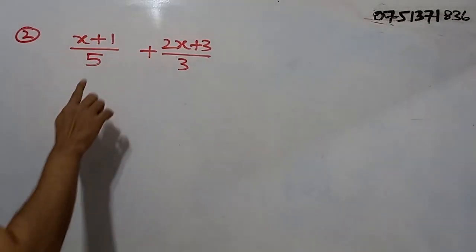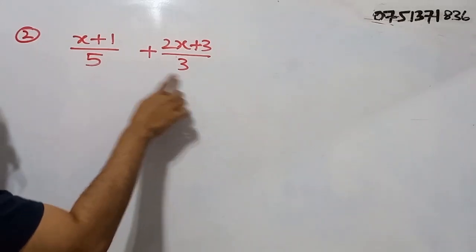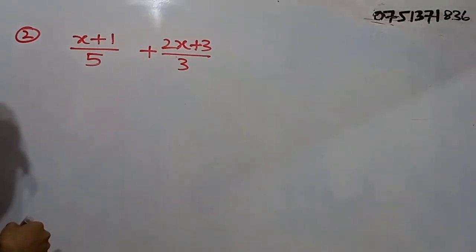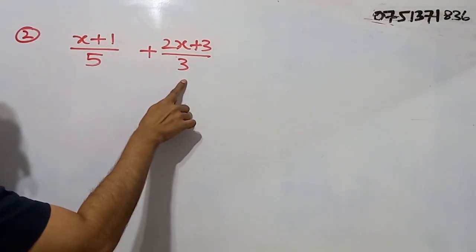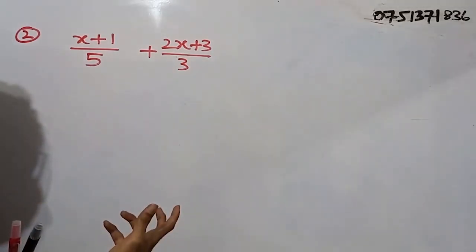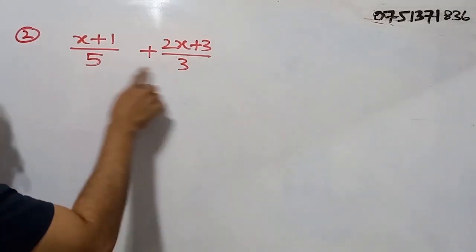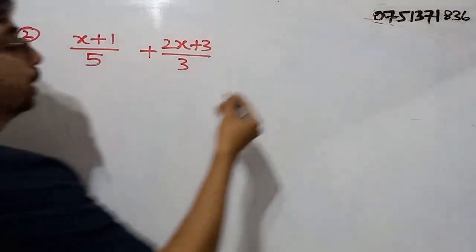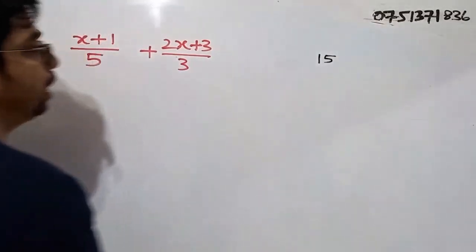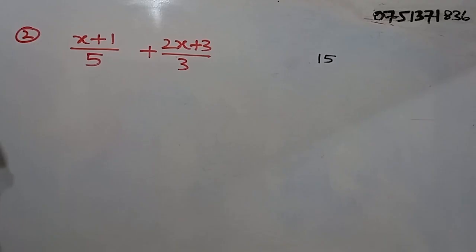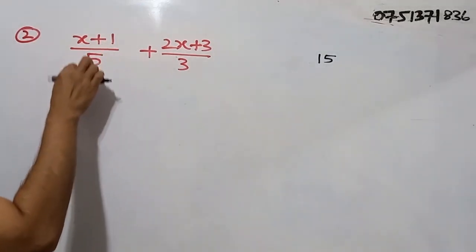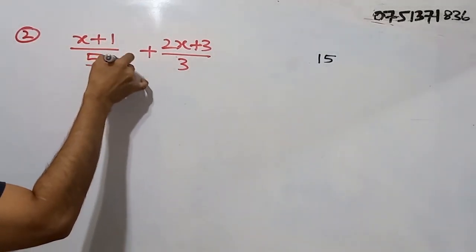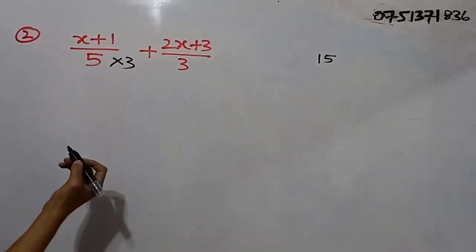Right, so here we can see we have two fractions, but the denominators are different. So we have to come up with the common denominator. So between these two denominators, what will be the least common denominator? The least common denominator will be 15, right? So that means in order to convert this 5 into a 15, I have to multiply 5 by 3.